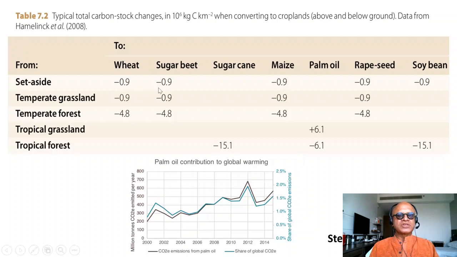You always lose carbon when you do that. Only the tropical grassland to palm oil here shows additional sequestration, because grasslands are not a very high carbon sequestering type of vegetation. On the other hand, palm oil's contribution to global warming is increasing in terms of million tons of CO2 equivalent emitted per year, and here is the share of global CO2 equivalent emissions from palm oil.